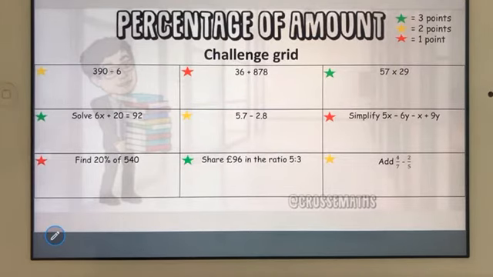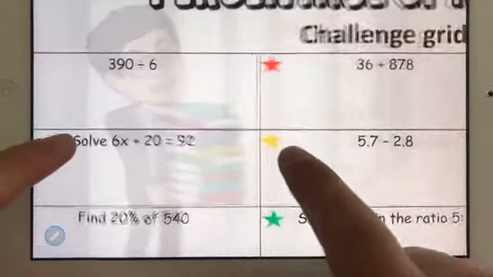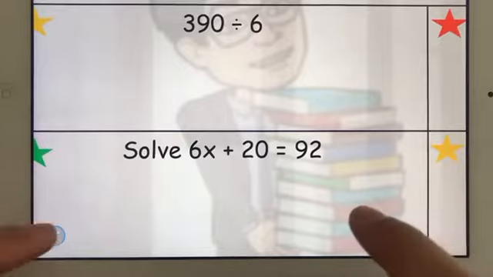Right guys, so very quickly, finish off whatever one you're on, and I'm going to go through it. So let's make a start. 390 divided by 6, again very straightforward.